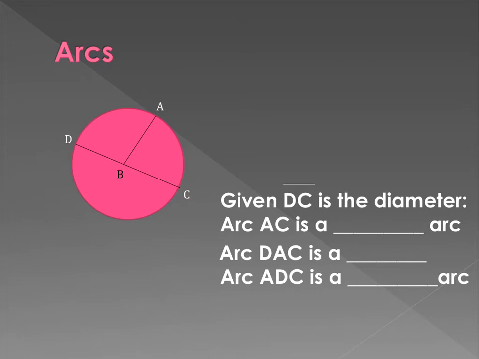So given that segment DC is the diameter, arc AC, so this arc here, since it's less than half the circle, it would be a minor arc. DAC, which would be this arc, is half the circle, so this would be a semicircle.